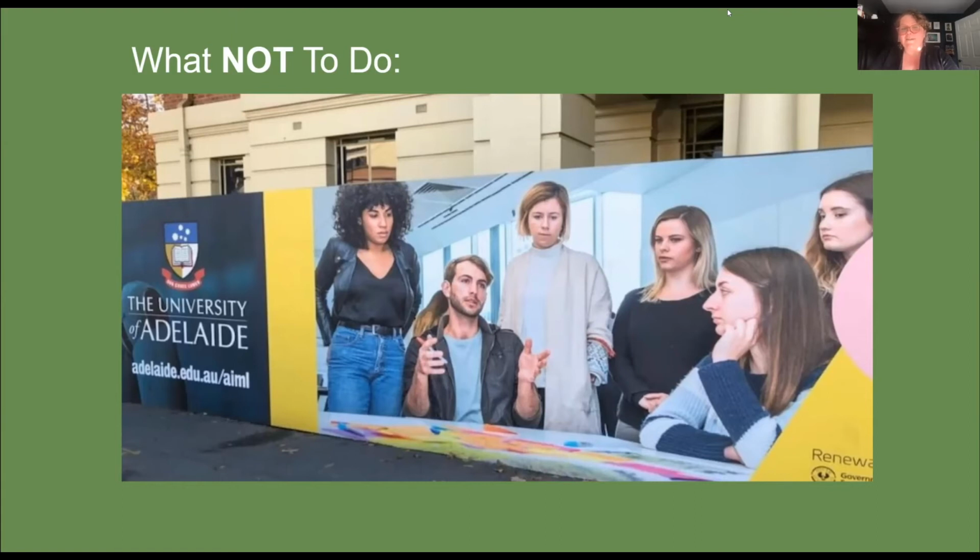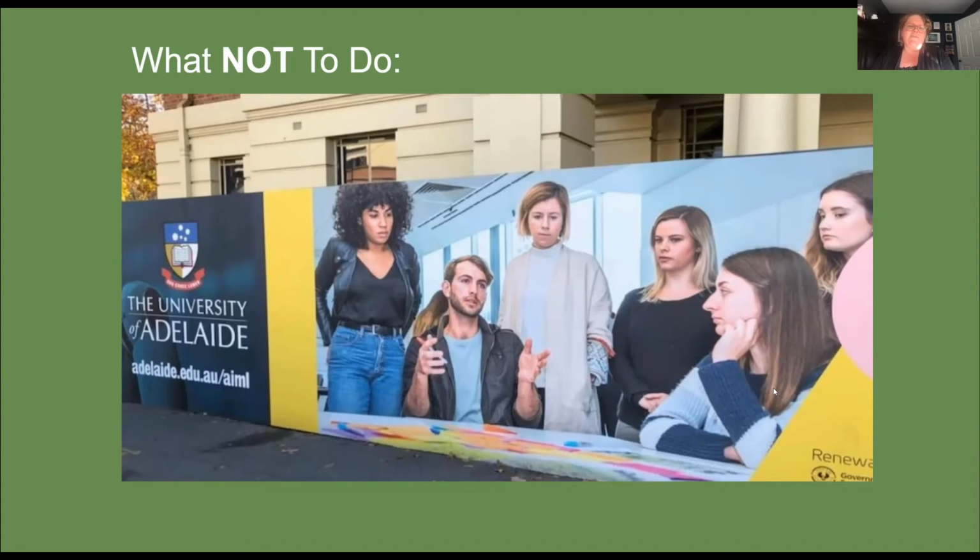If you are not able to see this image, there's a male appearing person sitting at a table with, let's see, 5 other female presenting people around them, and the male person looks like they are explaining something, and everyone else is just looking at that person like, tell us everything you know.